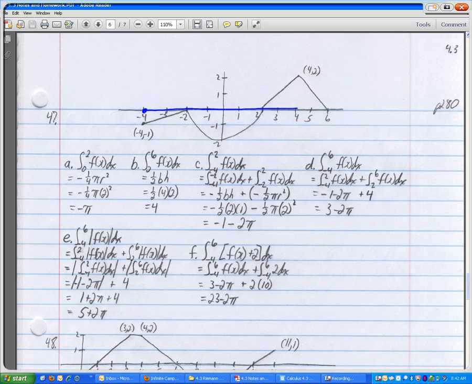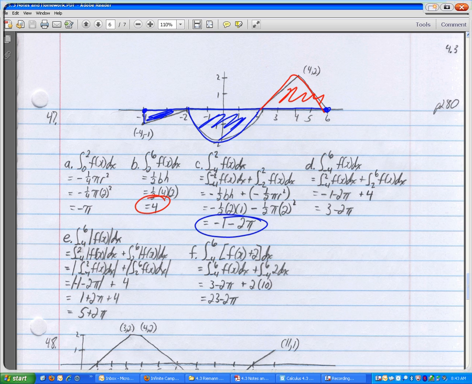-4 to 6. Now, let's be smart, because we've already done all the work necessary if we just rewrite our integral the right way. We've already done that and got that. We've already done that and got that.